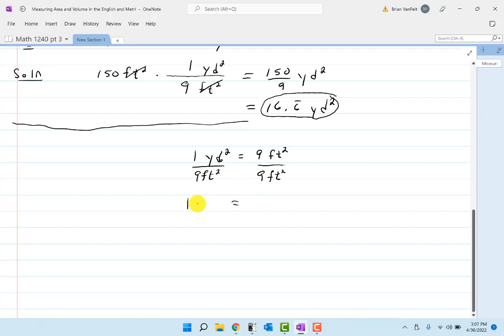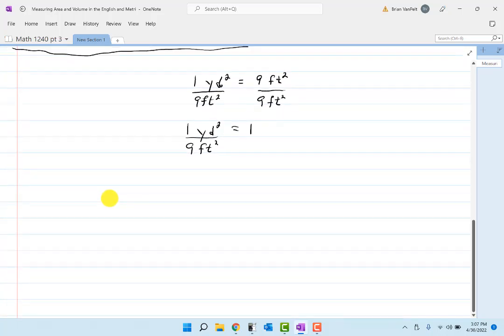On the one side, I get my 1 square yard divided by 9 square feet, and that equals the number 1. So in the textbook, if you're following along, they'll often say multiply by a unit fraction, or I've heard people in the past say multiply by unity. Whatever you want to call it.